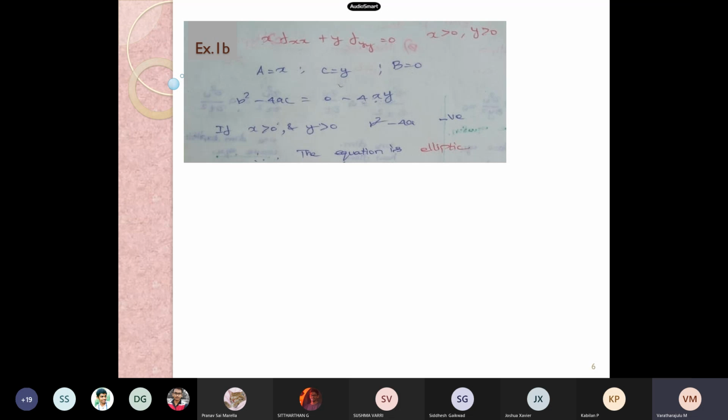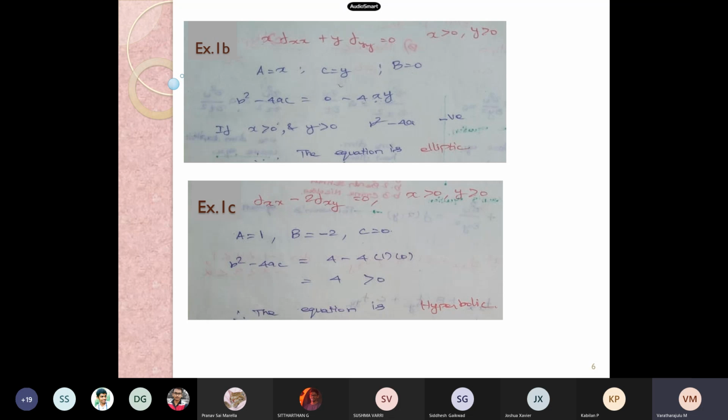Hope you wrote these down. Now 1c: f_xx minus 2 f_xy = 0. Here also x and y are always greater than 0. Here a is equal to 1, b is equal to minus 2, c is equal to 0. Applying b squared minus 4ac, that is 4 minus 4 into 1 into 0, so 4 minus 0 is 4, which is greater than 0. So this is the example for a hyperbolic equation.